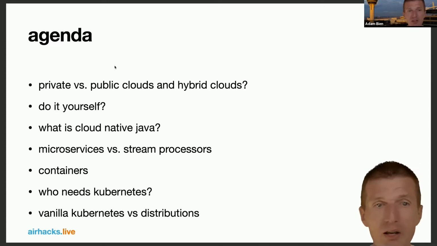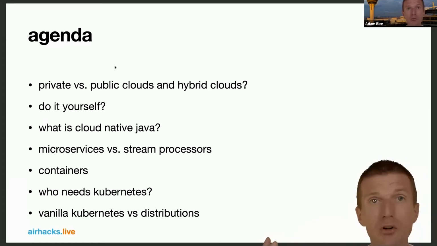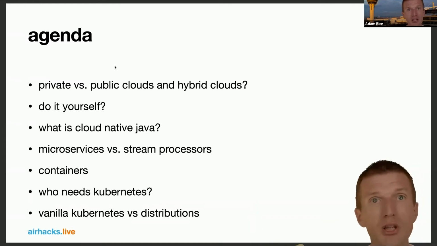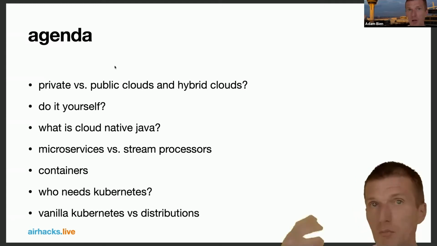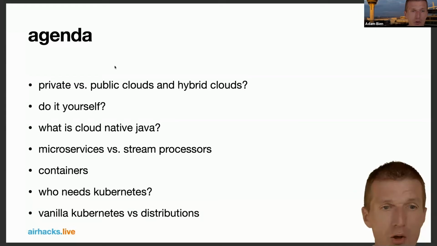The next architectural distinction is microservices versus stream processor. A stream processor would be a POJO which listens to a Kafka stream, to Kinesis, or to SQS. And this could again be a MicroProfile Quarkus application or just a plain POJO. So containers are a fact, you always need them. And who needs Kubernetes?